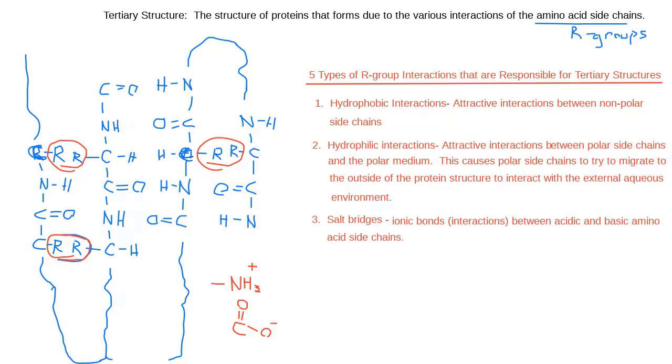Okay, and then number 4 is hydrogen bonding. And notice this is distinct from number 2, because the hydrophilic interaction involves the interaction of the amino acid side chains with the external aqueous environment, in other words, with the cytoplasm or the fluid surrounding the protein.